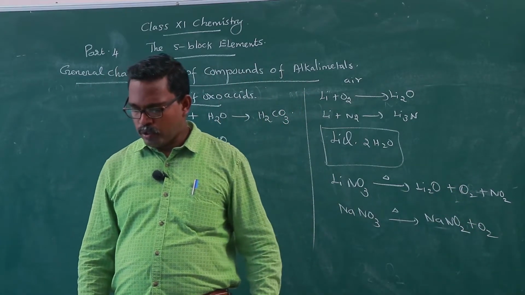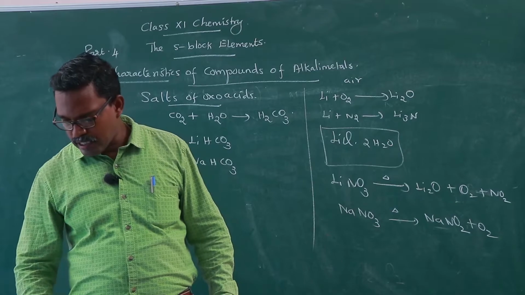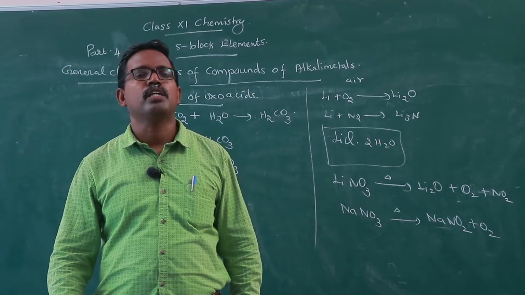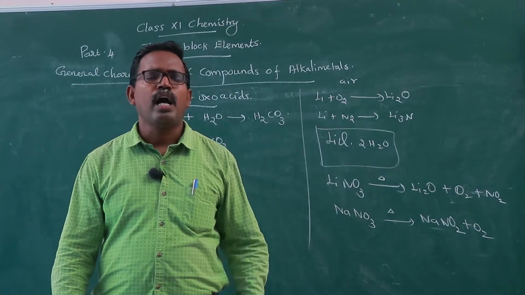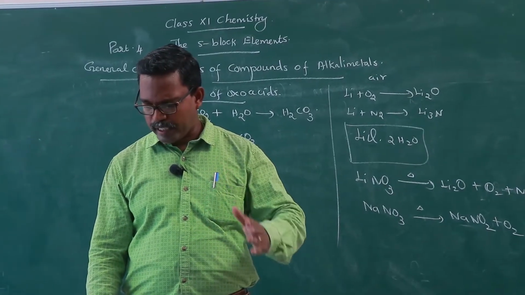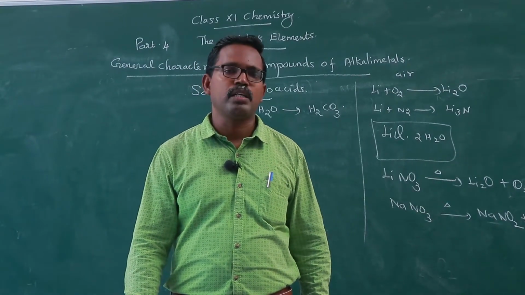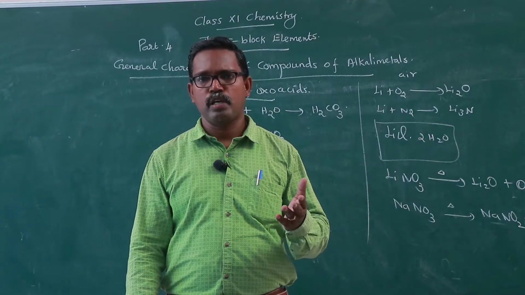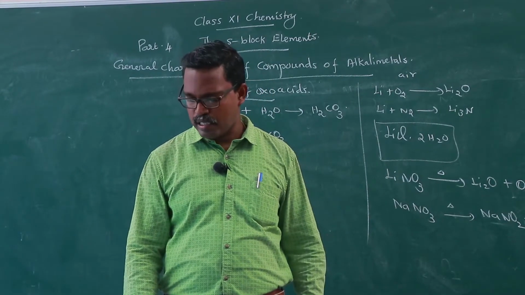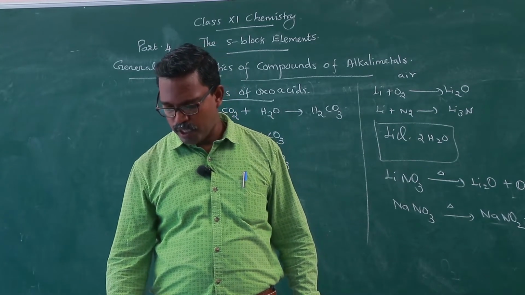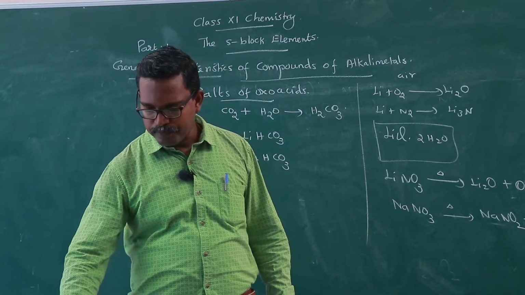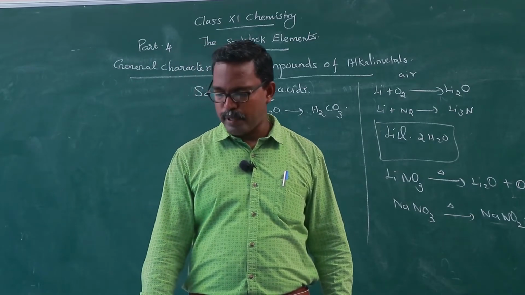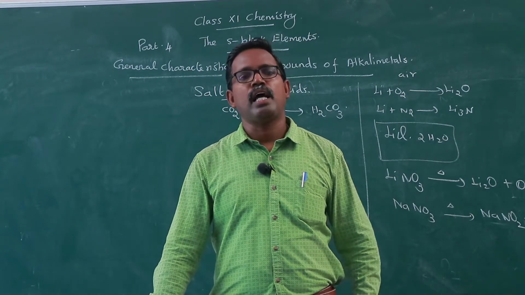Lithium fluoride and lithium oxide are comparatively less soluble in water. Other metal halides, sodium fluoride and sodium oxide, are readily soluble in water. So, these are some points of difference between lithium and other alkali metals.